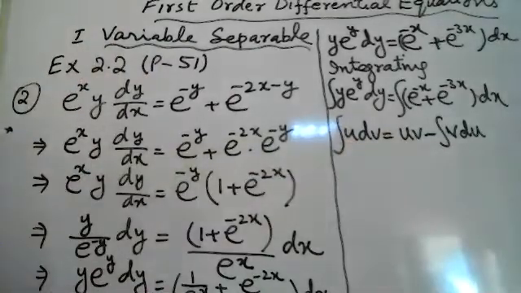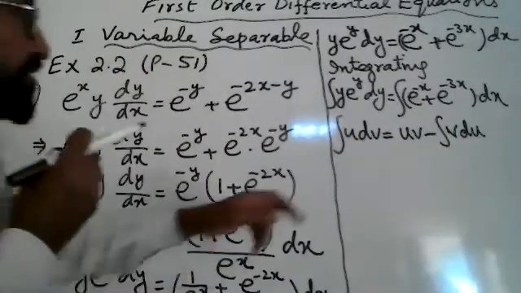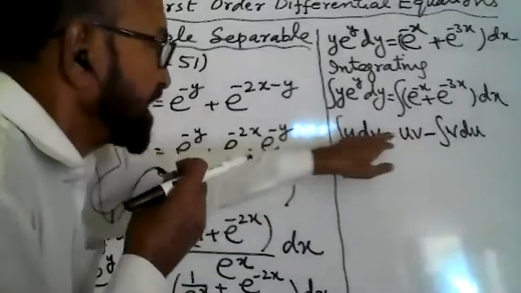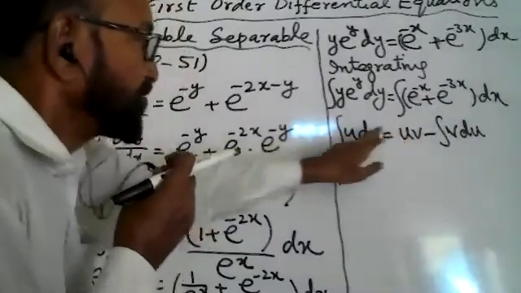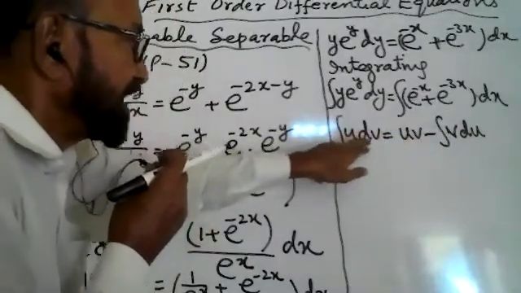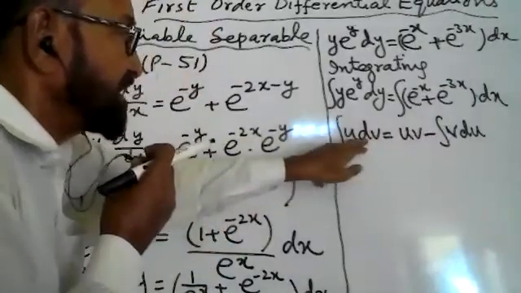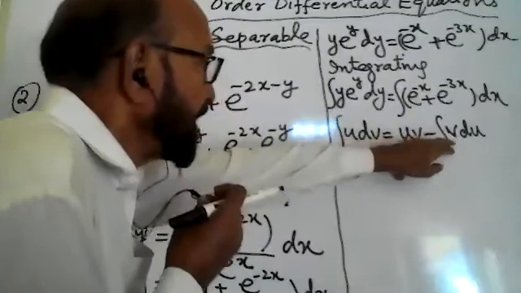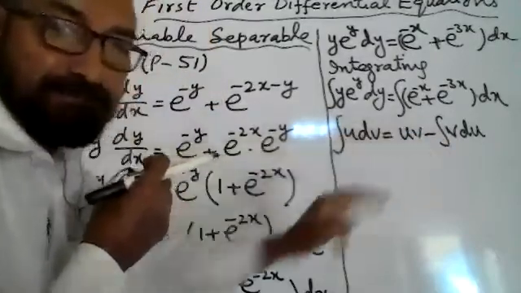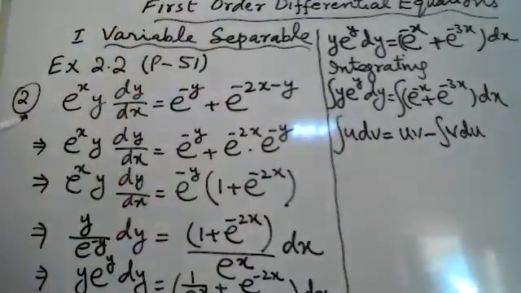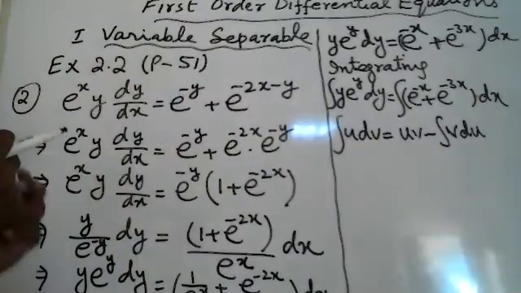Just like in the previous question, the integral of dy was y. So it is the first function into the integral of the second function, minus the integral of the second function, that is v, into the derivative of the first function. This formula will be used.